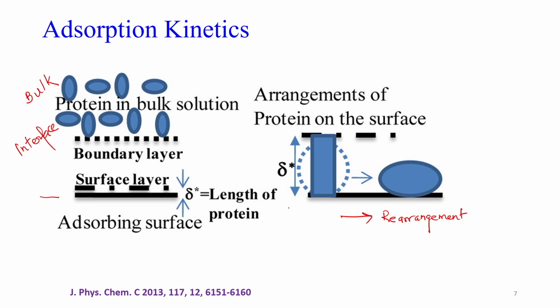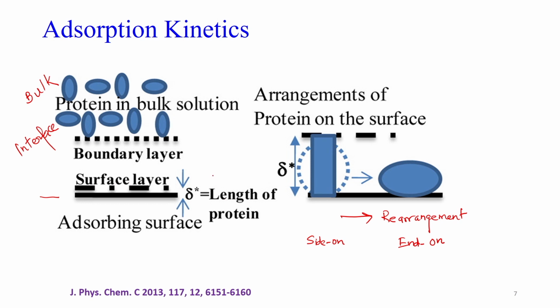We call this conformation side-on, and sometimes we call this end-on. End-on occupies less surface area, and side-on occupies some extra surface area depending on its conformational changes.